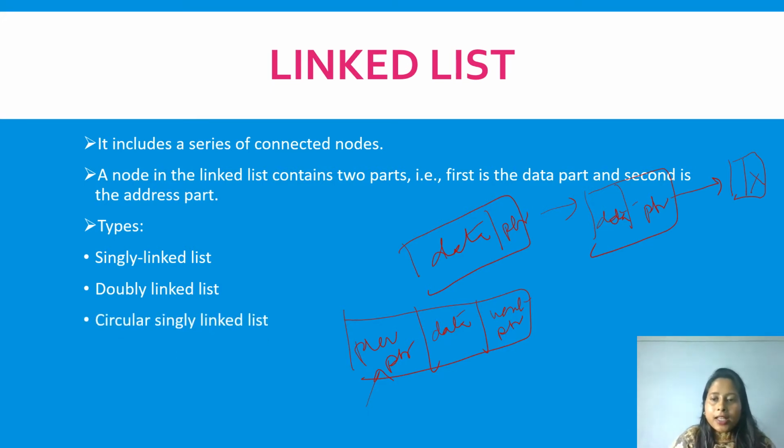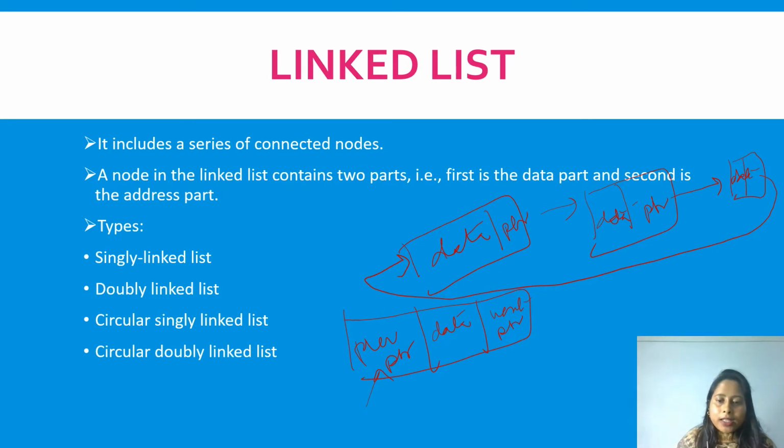Next is the circular linked list. In a circular linked list, the last node does not contain a null pointer. Instead of that, it will point to the first node of the list. Next is the circular doubly linked list.